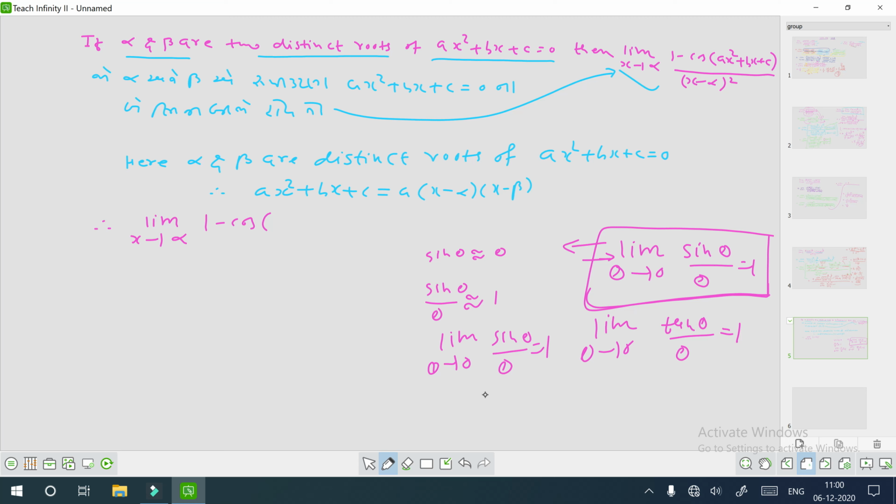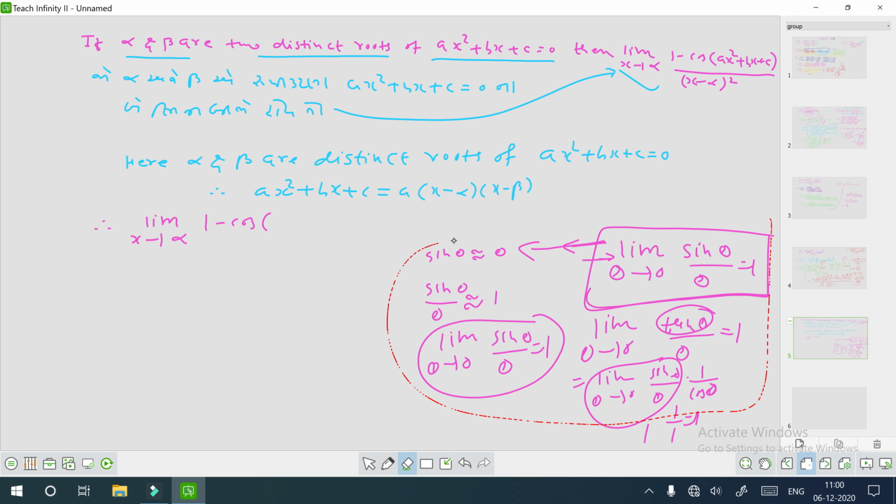So according to Snell's rule, we can also see this standard form is equal to 1. And for this standard form, limit theta tends to 0, can I write here sin theta over theta into 1 over cos theta? Yes, because tan theta is equal to sin theta upon cos theta. This limit is 1 and as theta tends to 0, cos 0 is also 1, 1 by 1 comes out 1. Clear?